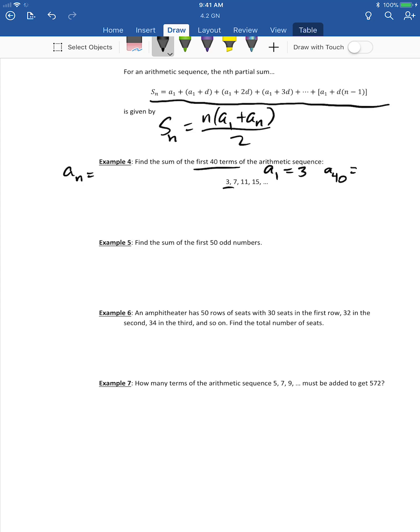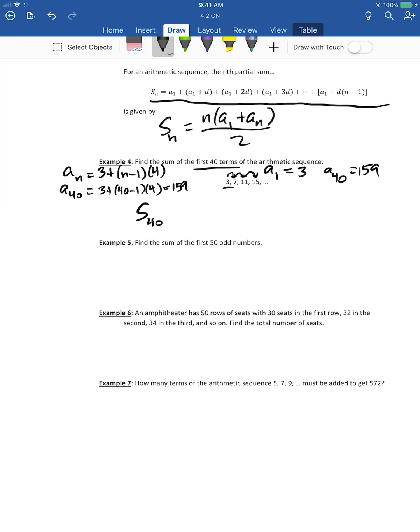So a_n is 3 plus (n minus 1). What is my common difference here? I'm adding 4 each time, so times 4. So a40 is 3 plus (40 minus 1) times 4. 3 plus 39 times 4, I plug all of that into a calculator, and I get 159. So a40 is 159.